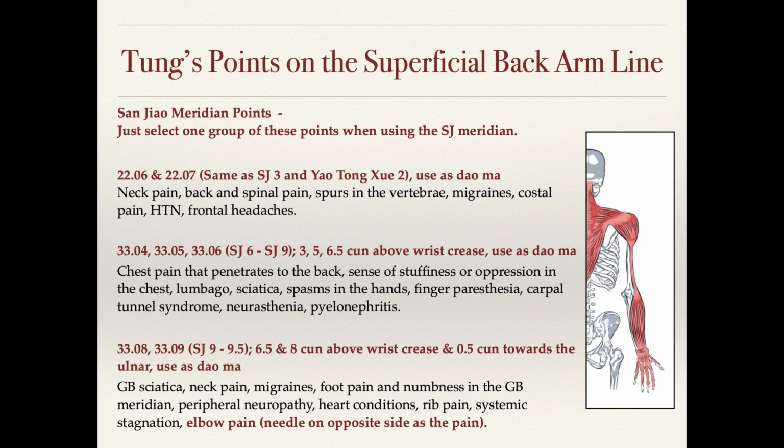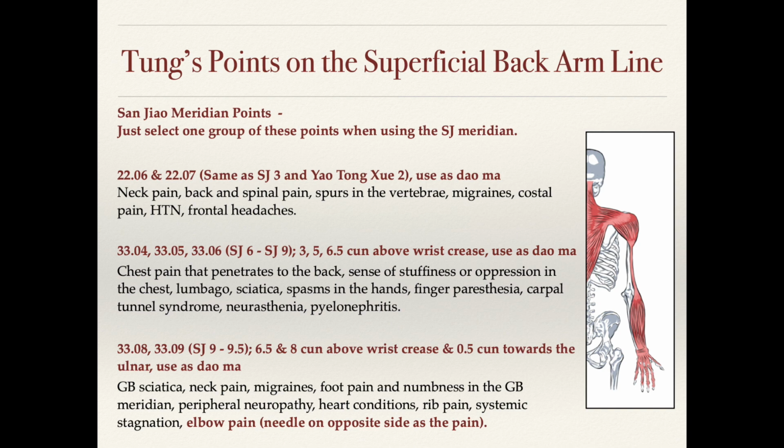So the jiao points are easy enough to palpate as well. And if you're asking about the client's top 3 concerns, this can also help you to understand what points you should use. So in that case study in the last section, I mentioned how I used 33.08 and 33.09 for chest pain on the left side and in the area of the heart.